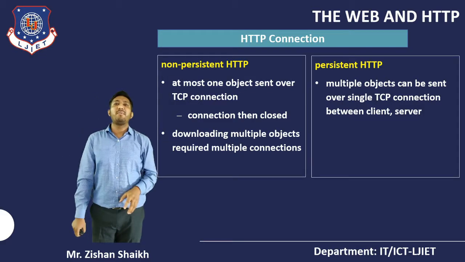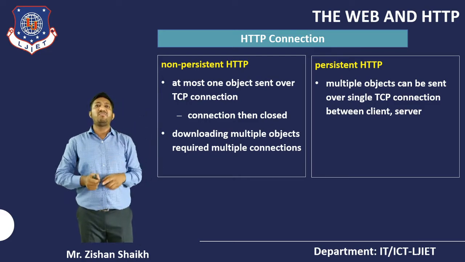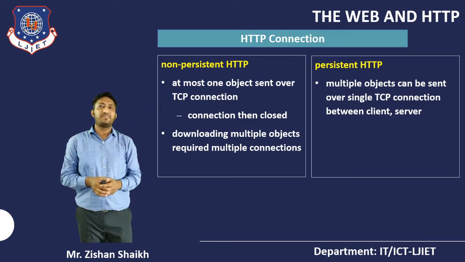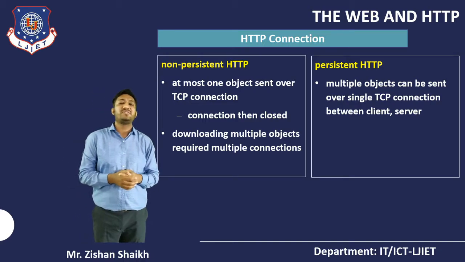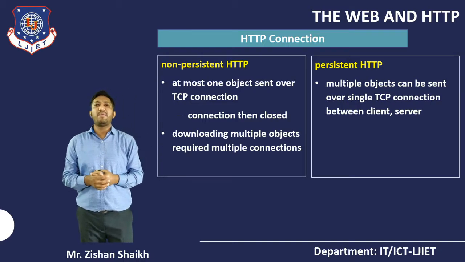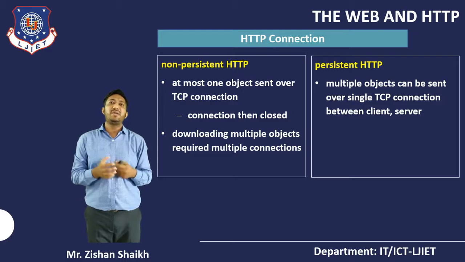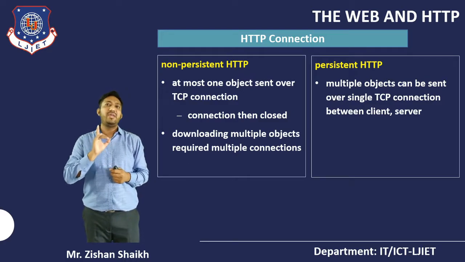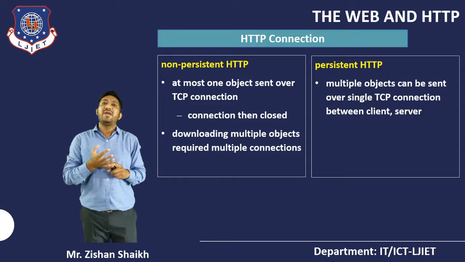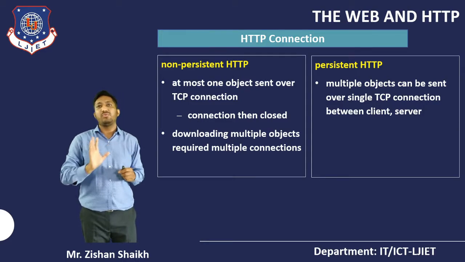Now we are talking about two important types of HTTP connection: non-persistent HTTP and persistent HTTP. In non-persistent HTTP, at most one object is sent over a TCP connection, only one at a time. Then the connection is automatically closed.